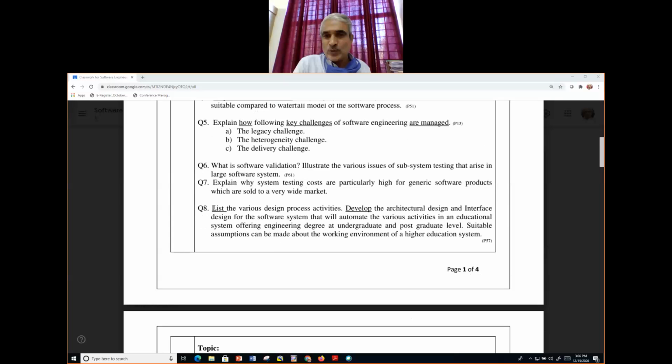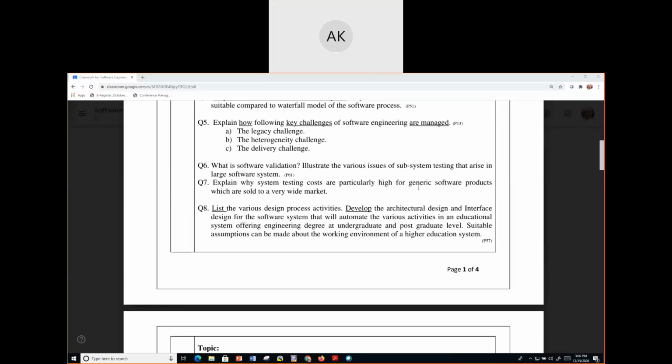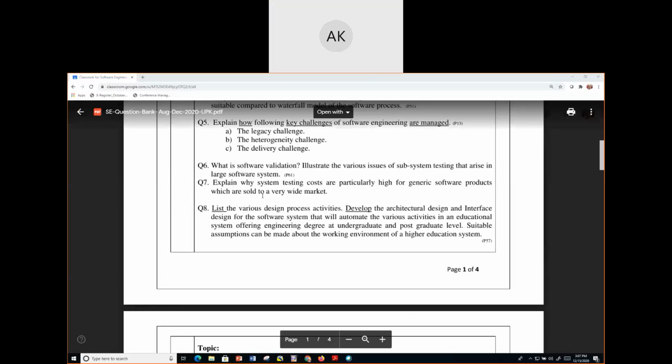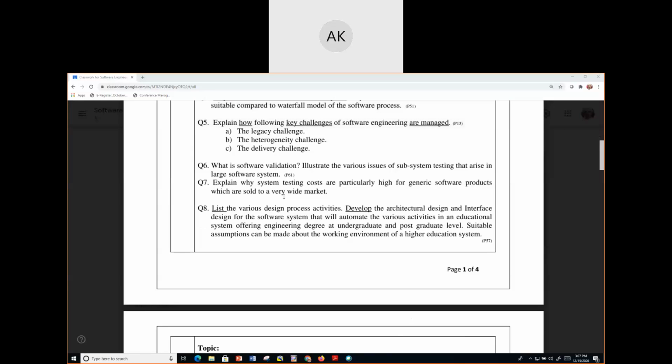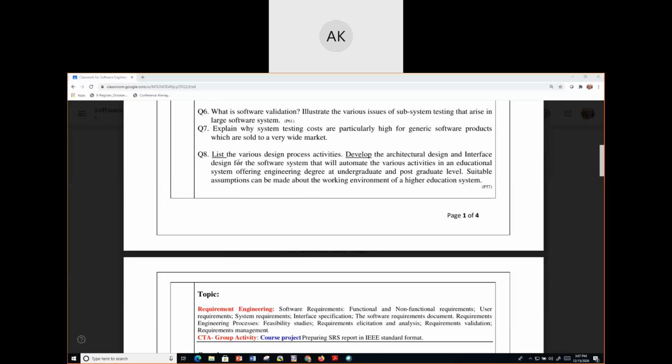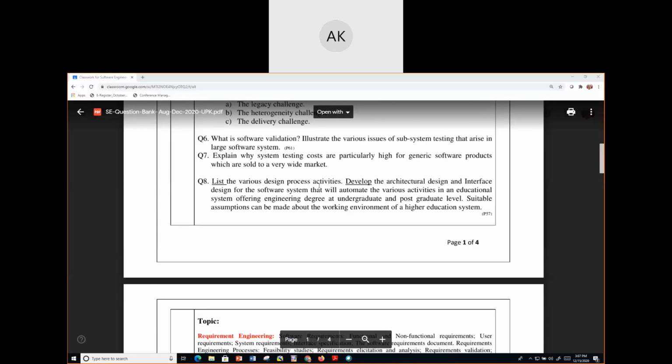Ashish. Yes, sir. Explain why system testing costs are particularly high for generic software products which are sold to a very wide market. It is taken from the chapter end. Read it. Then here, list the various design process activities, develop an architecture design and interface design for some description.